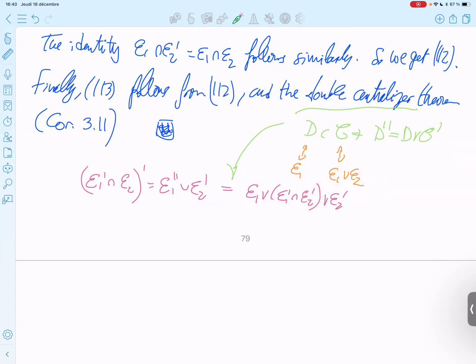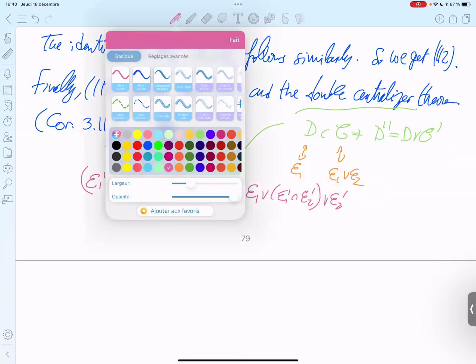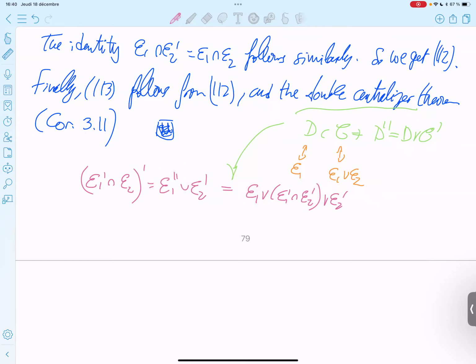Okay, but now this is just equal to E1 and E2'. Why? Because this is included here, because you have intersection with that. So because you generate, you can remove this one.